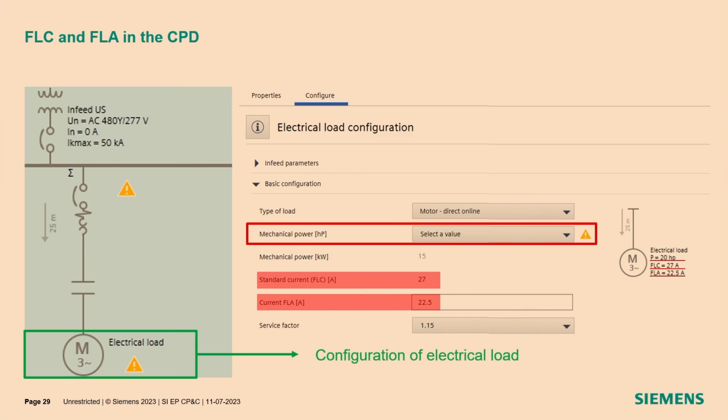Then we see that the FLA is 22.5. If your customized motor is not 22.5, then we can correct this here. And then the CPD is able to use these values to comply with the UL508A 100%. And that makes it very good. I like this very much.